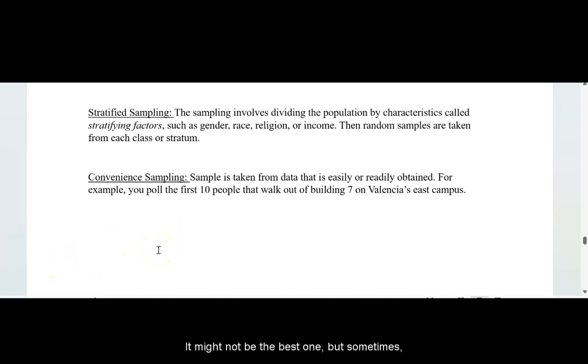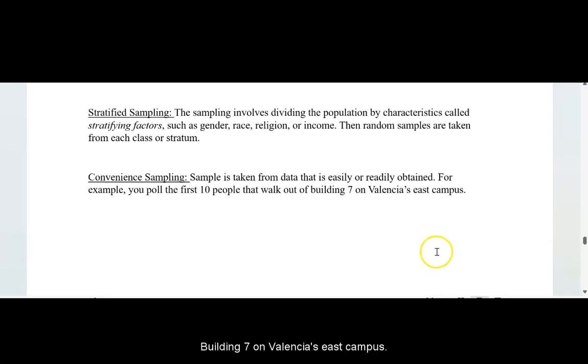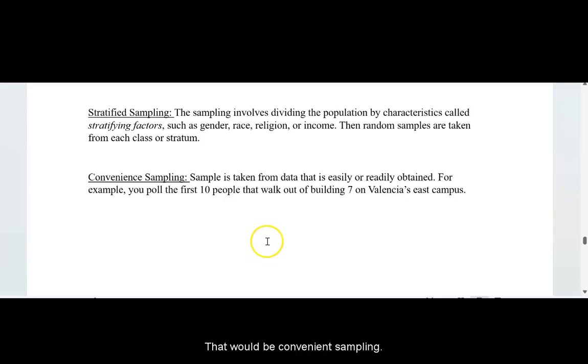It might not be the best one, but sometimes if this is all you have time for, hence the name, it's convenient. The sample is taken from data that is easily or readily obtained. So for example, you poll maybe the first 10 people that walk out of Building 7 on Valencia's East Campus. You're just going to grab the first 10 people that walk out. That would be convenient sampling.